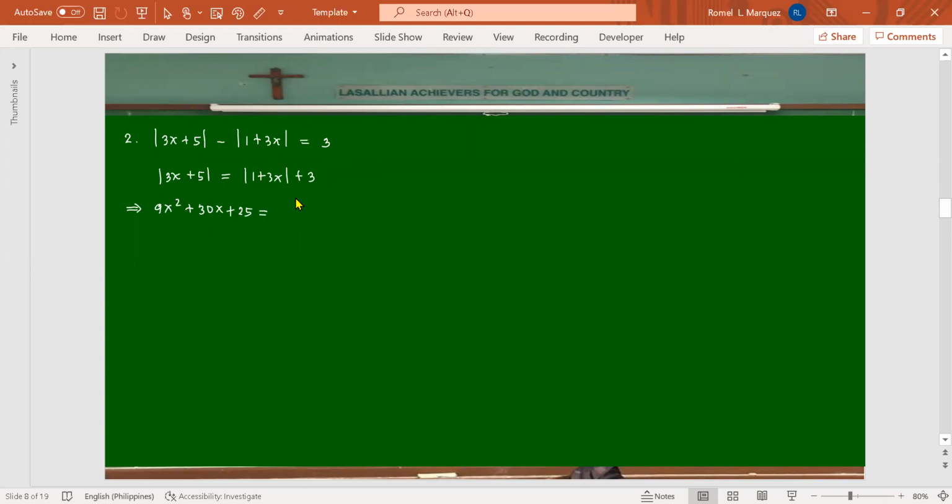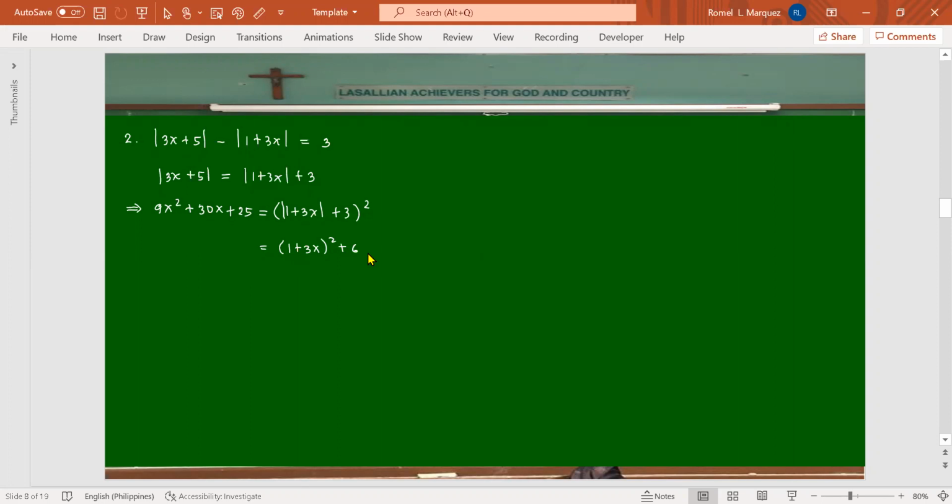And that is equal to, we square the right side. Let's square that: 1 plus 3x, quantity squared.